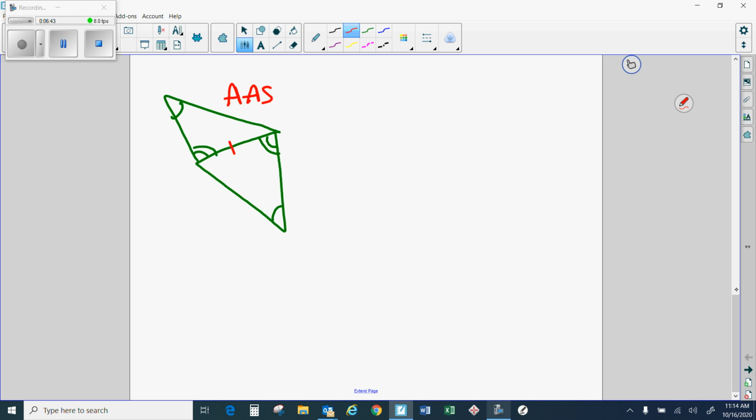The other way is, or there's two more ways. I'm going to put all three of them here. So that's one free piece: reflexive property of congruence. Okay, and that's either a shared side or angle.